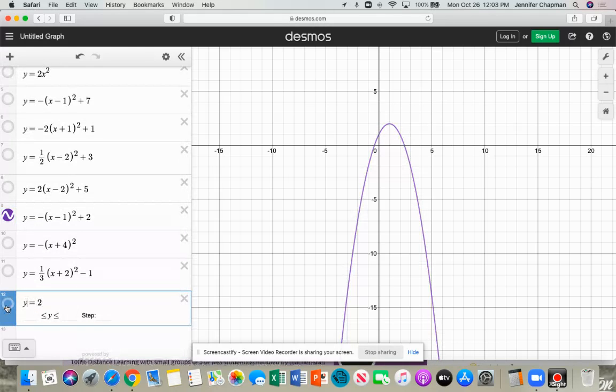You can see that line right there. That function does not live above it. So what you want to do is emphasize all the stuff below it. So again, you could say y is less than or equal to 2, or you can use interval notation and just say negative infinity, which uses a parenthesis, comma, 2 with a bracket.